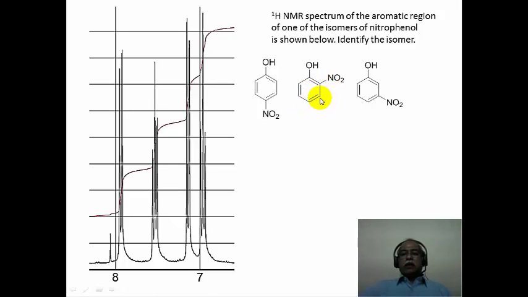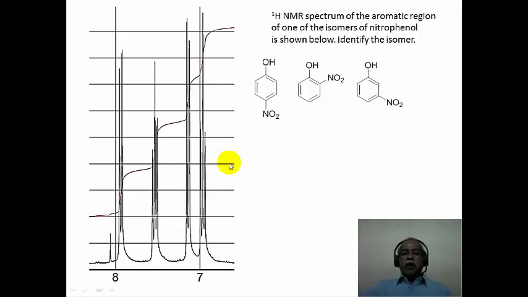And finally, ortho to the nitro, there is one more hydrogen. So there are 4 spin system, A, B, C, D kind of a spin system in orthonitrophenol. Similarly, in the case of metanitrophenol also, this hydrogen, this hydrogen, this hydrogen and this hydrogen, all these 4 hydrogens are chemically non-equivalent in nature. So either of this compound could satisfy the 4 chemical shift values that one sees in this particular spectrum.